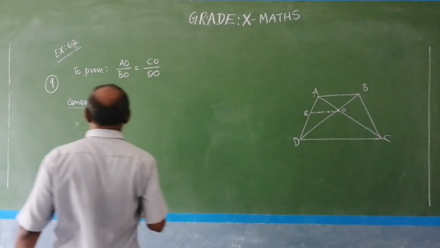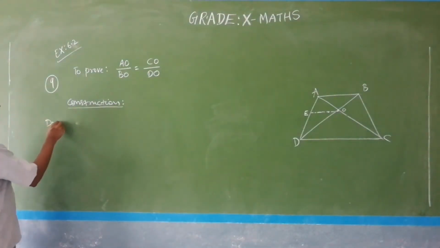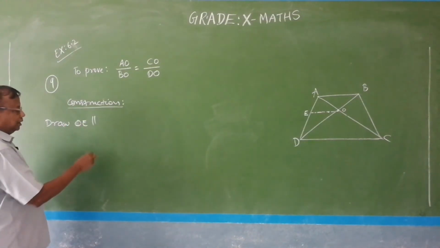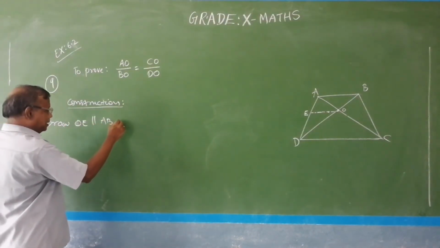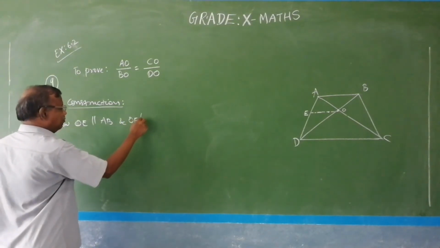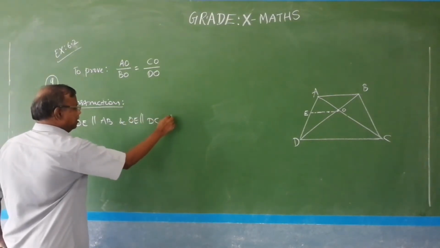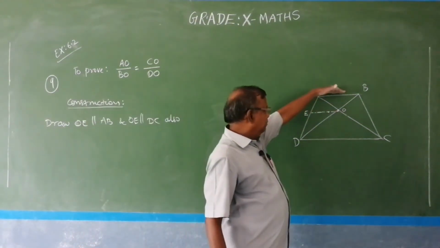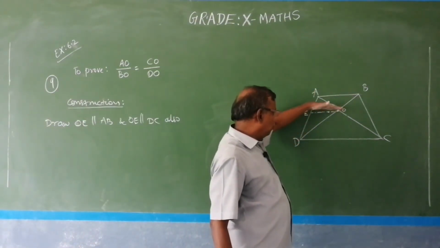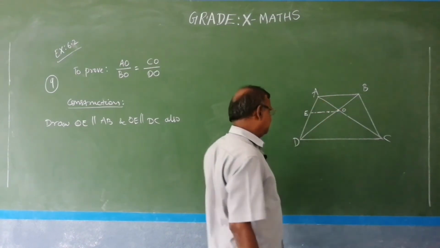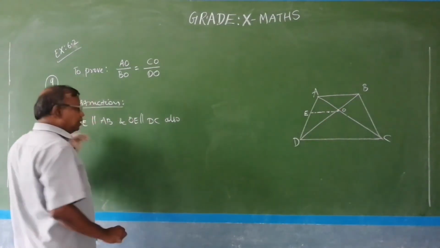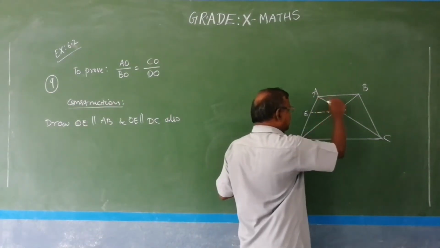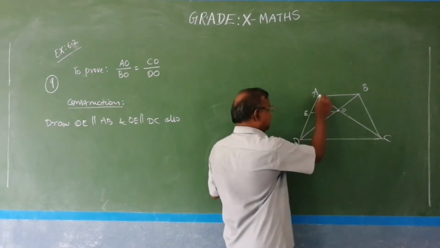Construction: draw OE parallel to AB. OE is parallel to DC also, because AB is parallel to DC. Now only we can use the BPT theorem. So, first consider the triangle ACD.